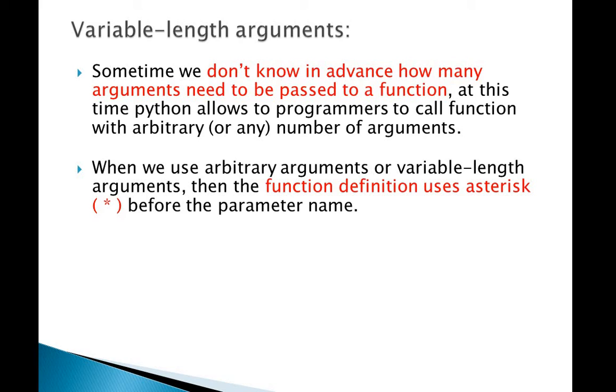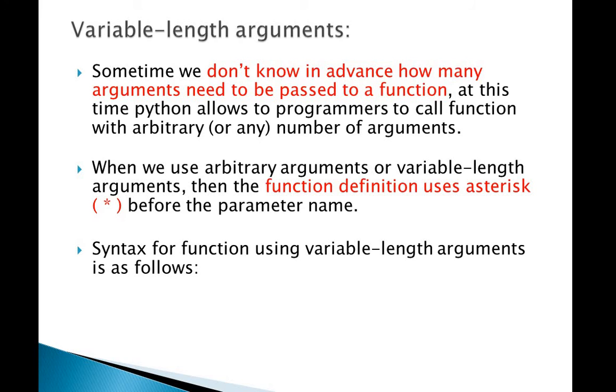To use arbitrary arguments or variable length arguments, the function definition uses an asterisk before the parameter name. We will see it in syntax. Syntax for a function using a variable length argument is as follows.